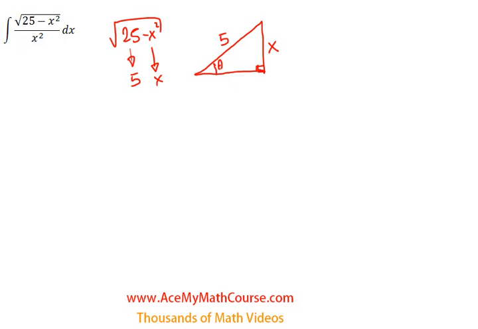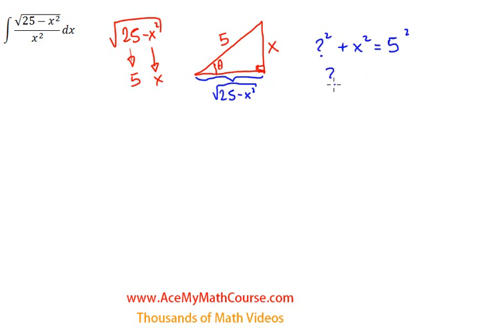And why am I doing this? Why on earth would I make such a triangle? Well, if I figure out the third side using Pythagoras, I will find that it measures the square root of 25 minus x squared. And why is that again? Because if I call this side question mark, then question mark squared plus x squared equals 5 squared.